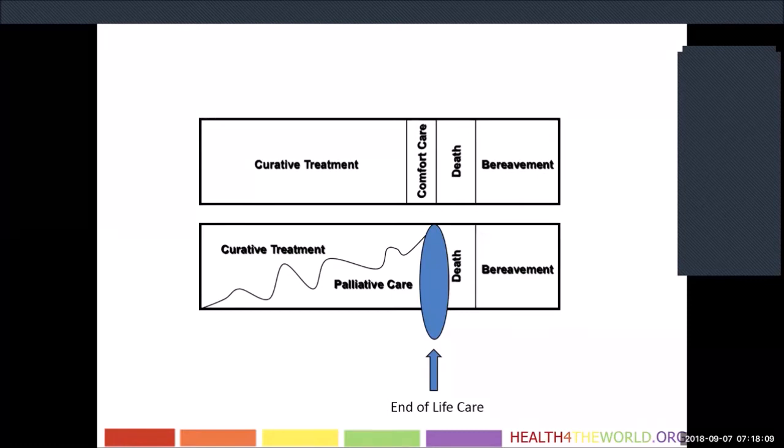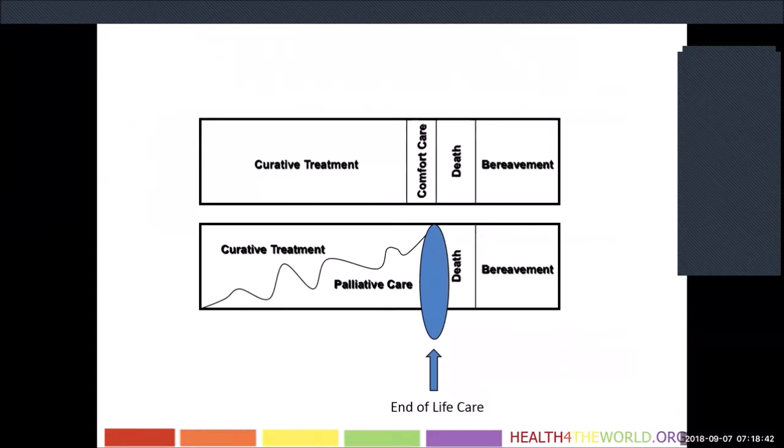But in a more advanced medical model, it would be ideal for people with serious illness to have palliative care introduced early in the process, because as the illness progresses, if it's an illness that cannot be cured, eventually it's going to reach its terminal phase. And once it reaches terminal phase, then palliative care becomes more prominent, and palliative care then starts to be delivered through the vehicle of end-of-life care.